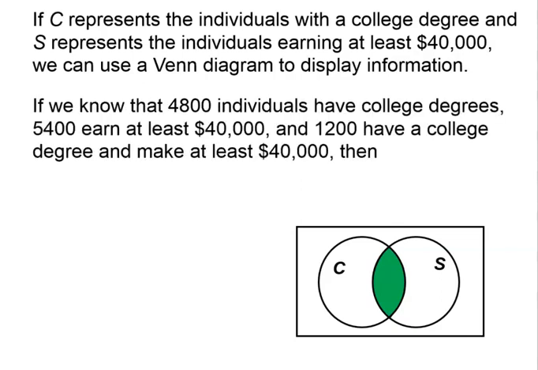Now, if we know that 4,800 individuals have college degrees, 5,400 earn at least $40,000, and 1,200 have a college degree and make at least $40,000, then what could we say from that?